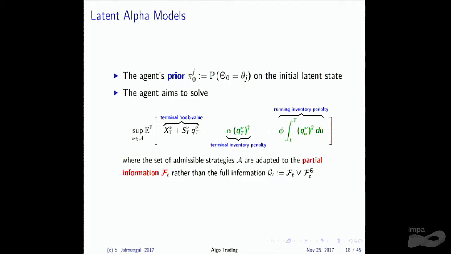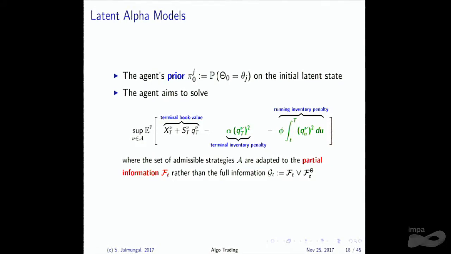And then there's some sort of running penalty. And this running inventory penalty prevents the trader from having too large positions at any one point in time. It can also be reinterpreted as model uncertainty. In fact, Ryan has a paper on the equivalence of this and an optimization problem where you have model uncertainty, where the agent doesn't actually know what the drift is, but has a reference model and then looks at a whole sequence of candidate models and penalizes them with relative entropy.